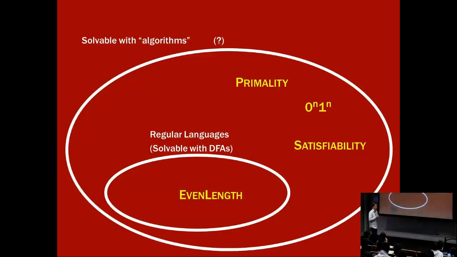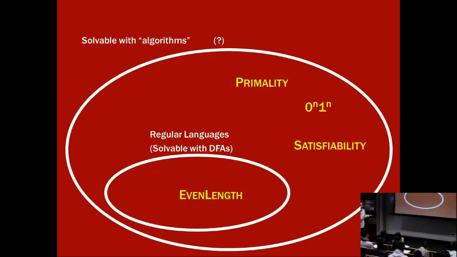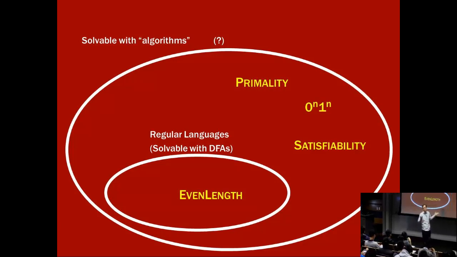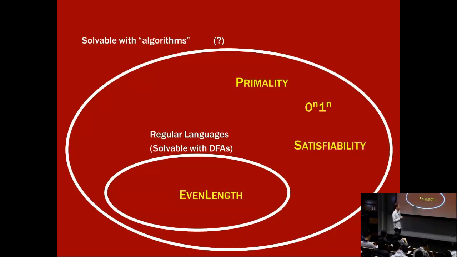And now let's finally try to ask, what is an algorithm? So we started with this sort of very wimpy model of computation, deterministic finite automata, and said that, okay, any problem that it can solve or any language it can solve, we'll call a regular language. Some terminology invented in the olden days. But we also saw that there's some computational problems, like 0 to the n, 1 to the n, that can't be solved by DFAs.